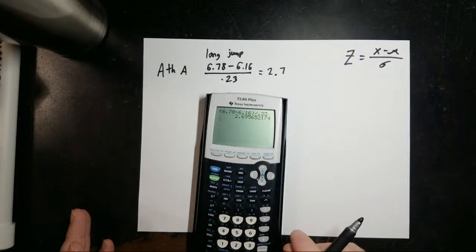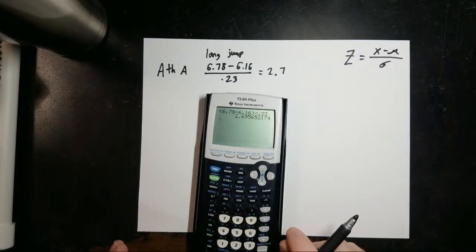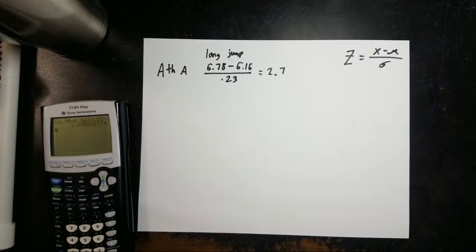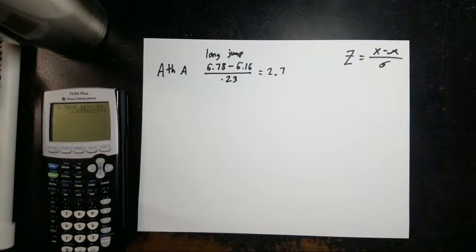Meaning, athlete A's long jump distance of 6.78 was approximately 2.7 standard deviations above the mean. Z-scores can be positive or negative. If they happen to be negative, then the data point fell below the mean, meaning you were below average. If it's positive, it means you were above average. The larger the number, obviously, the better off you are compared to everyone else.